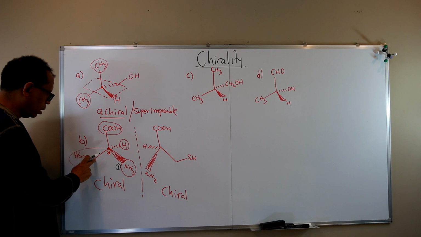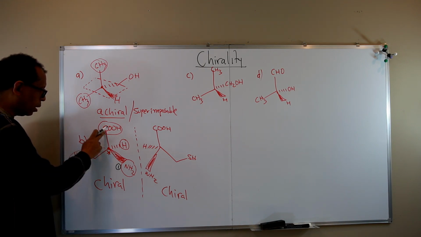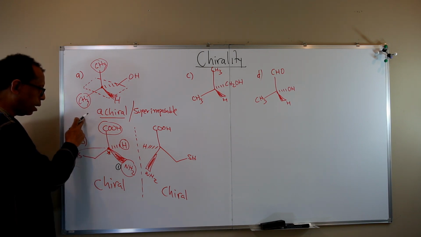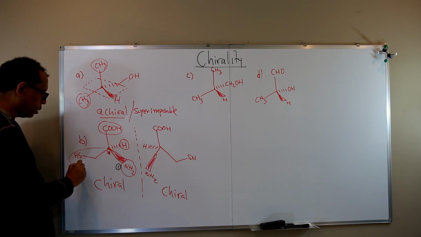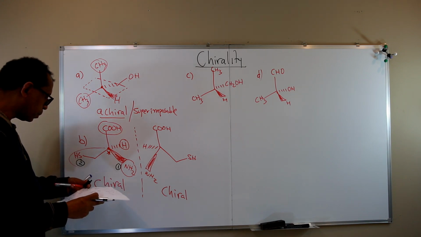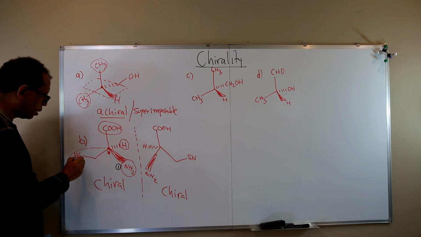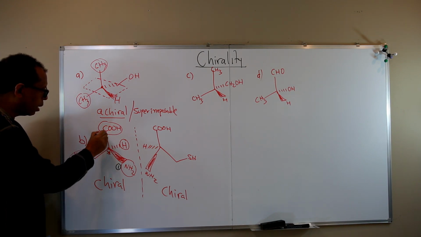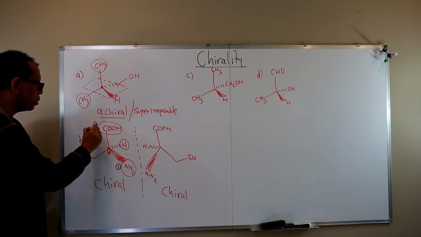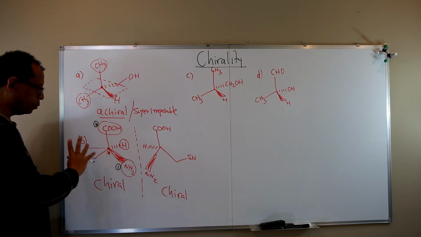This carbon is connected to sulfur, but this carbon is attached to oxygen. So between carbon-sulfur and carbon-oxygen, this is priority number 2 because sulfur is higher priority than oxygen. This is carbon sulfur. This is carbon oxygen. So this is priority number 2, this is priority number 3. Since hydrogen is already at the back, we don't have to do anything.